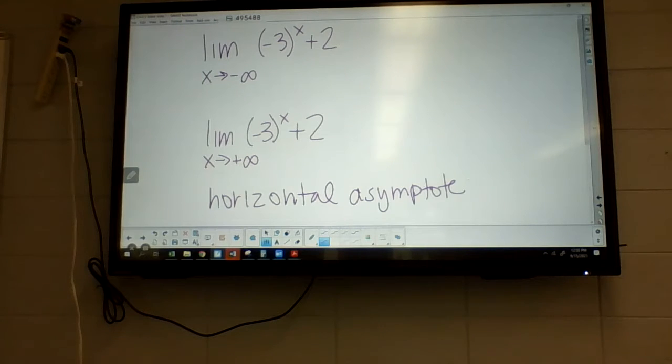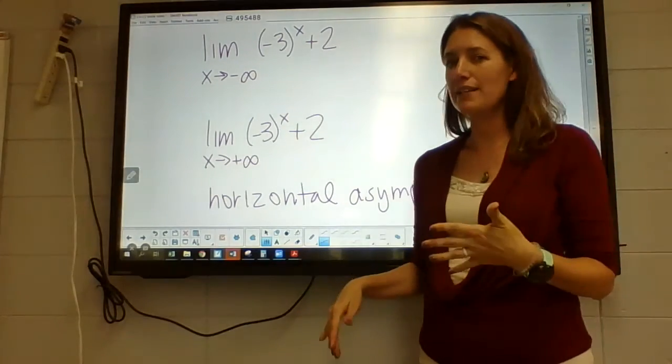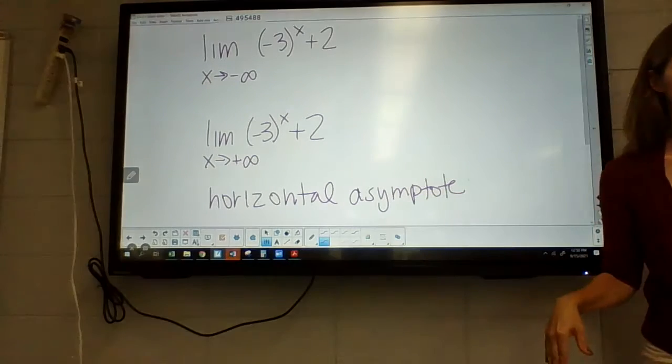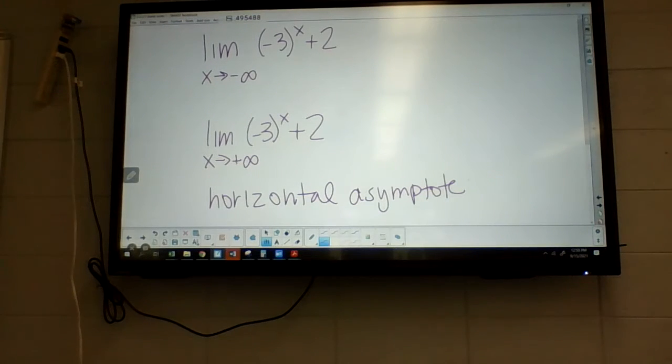Let's talk about what's happening on the right side of the graph and what's happening on the left. So the top one is asking what is happening on the left side of the graph, what is it approaching, what's happening on the right side of the graph, and then is there an asymptote, that line the graph shouldn't really cross, the line the graph is approaching.